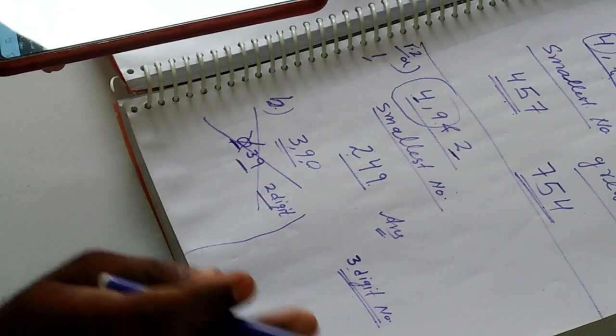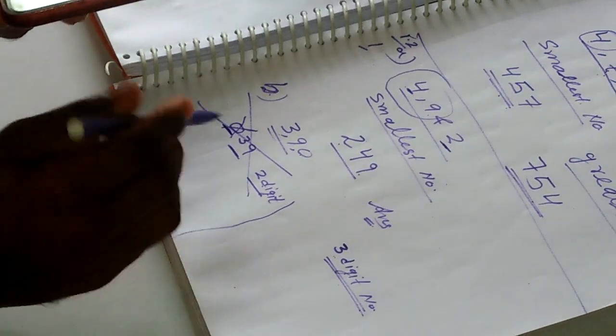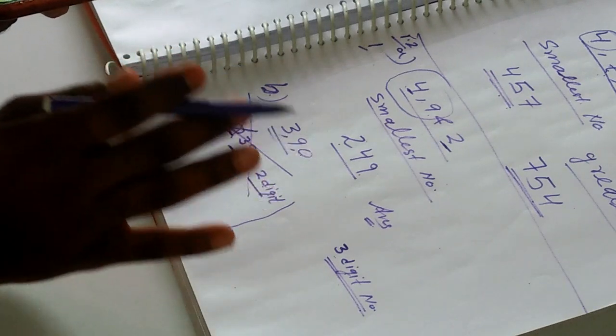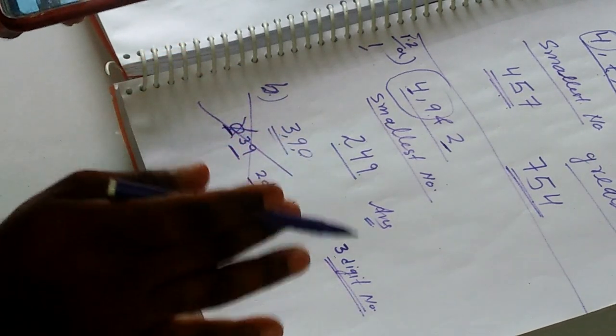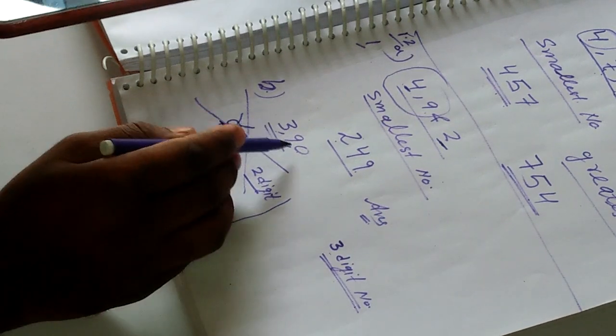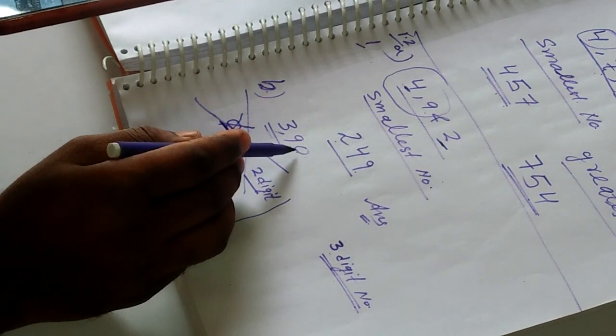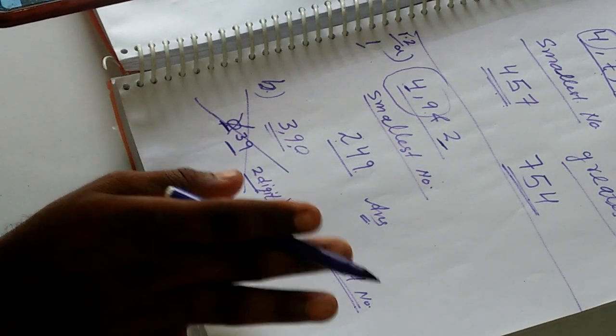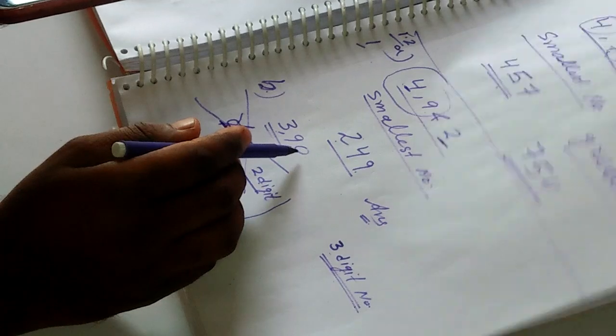So what will we do, beta? We should not put 0 at the extreme left position. So which one should be at the extreme left position? The smallest digit except 0. We will ignore the 0 for that.